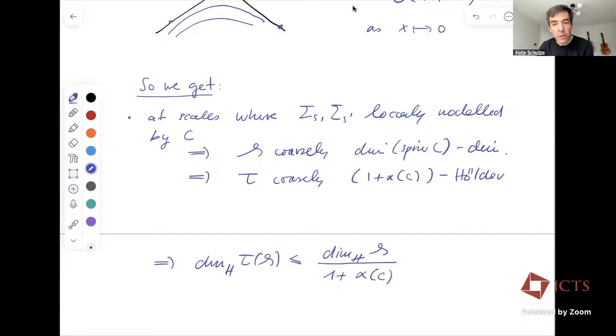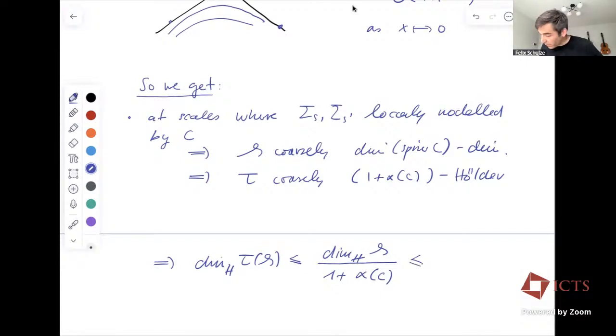Think of it like this: if you're Hölder continuous of degree 1, then more or less stretching is preserved. There is no stretching, so it should have the same Hausdorff dimension. If you have more Hölder continuity, you start pushing the Hausdorff dimension down. You squish things together in the image.